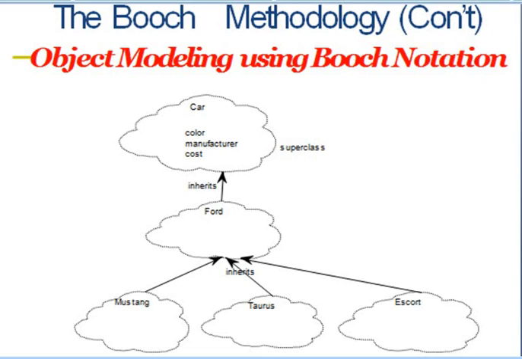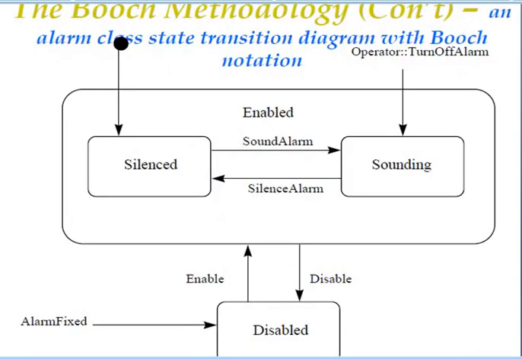Mustang, Escort, and Taurus are the subclasses of Ford which inherits from the superclass car, having attributes color, manufacturer, cost, etc. The same state transition diagram with Booch notation is given here.